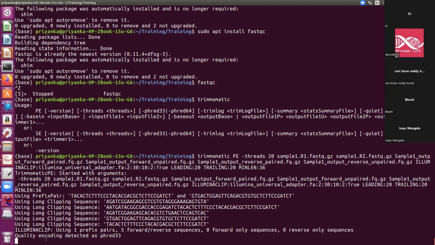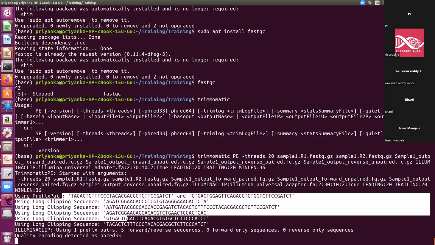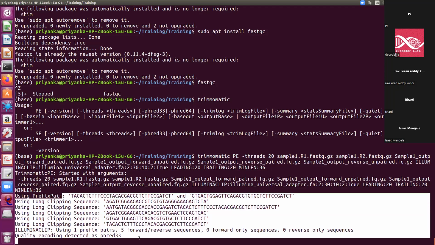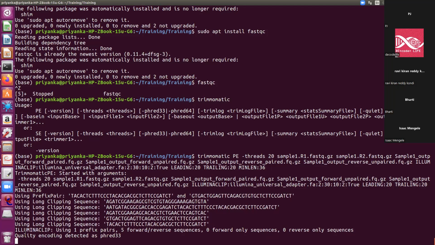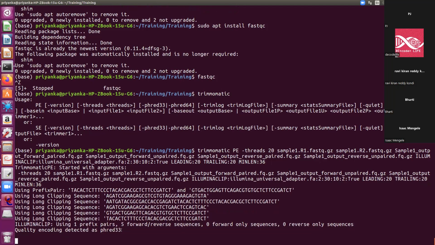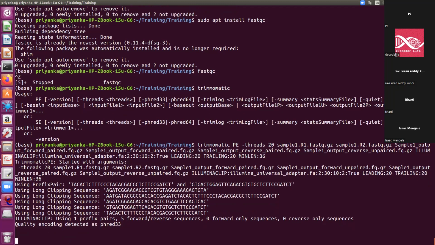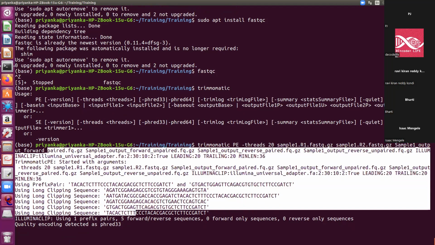It will take a bit of time. It shows that the quality encoding detected is Phred 33. It will take some time to complete because of the size of the reads. Similar thing we have to repeat for all our input samples.